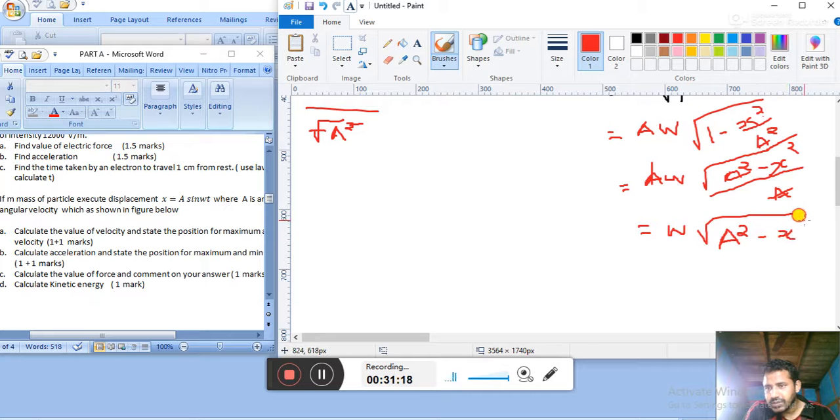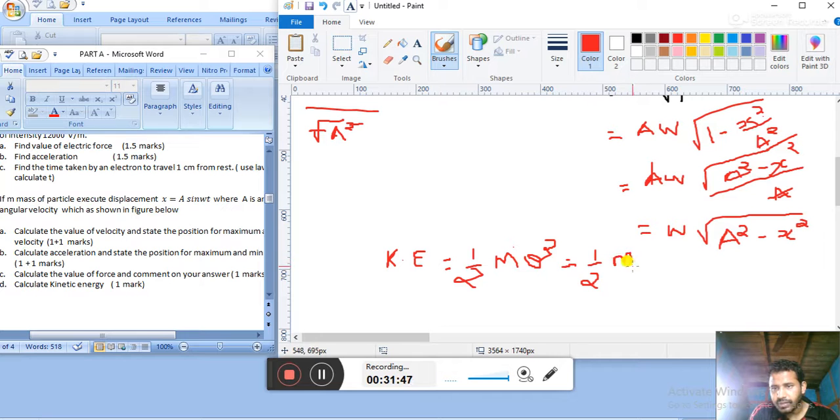Now the question is also asking for the value of kinetic energy. Kinetic energy equals half m v squared. So half m as it is.